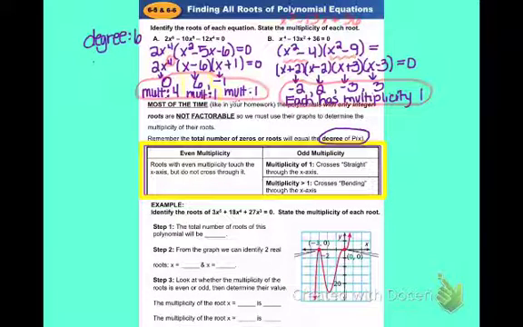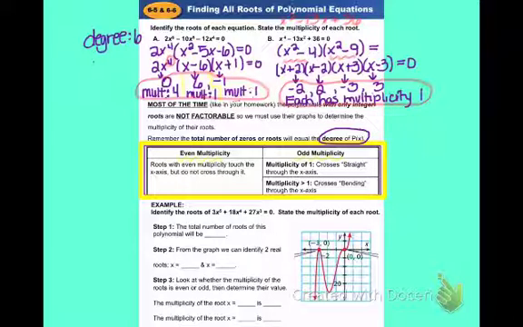So we have multiplicity that we've seen so far. We've seen some had multiplicity 1, some 4, we saw some 2s and 3s on the other side. And so we could actually break down multiplicity into two categories. One being even multiplicity, and the other being odd multiplicity.